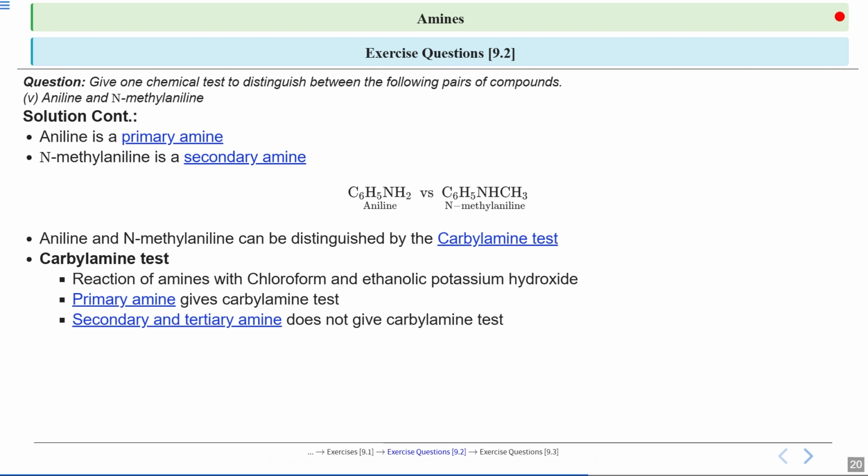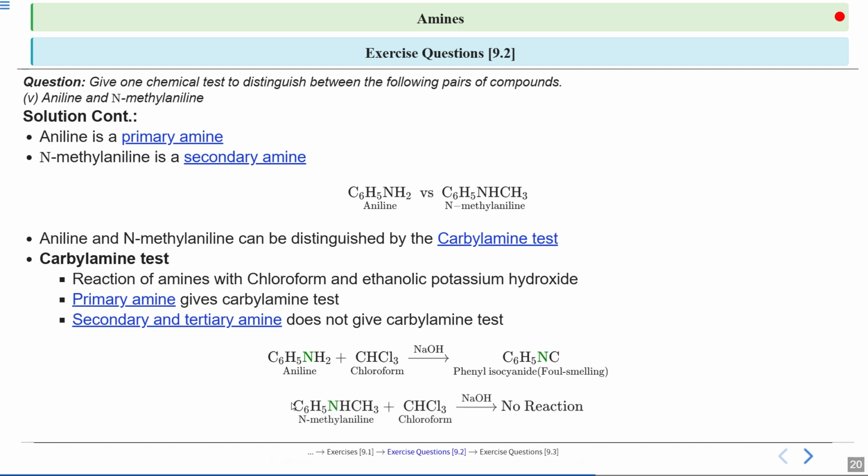Aniline, which is a primary amine, when reacted with chloroform in the presence of NaOH, gives phenyl isocyanide, which is foul smelling. And if we react N-methyl aniline, a secondary amine, with chloroform, there is no reaction.